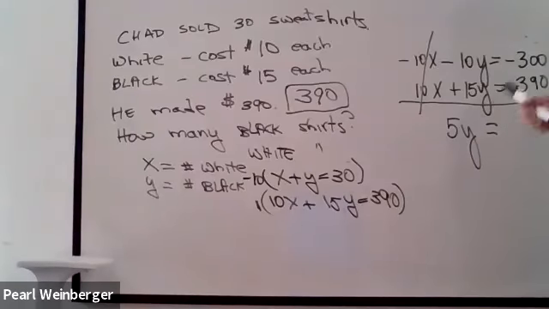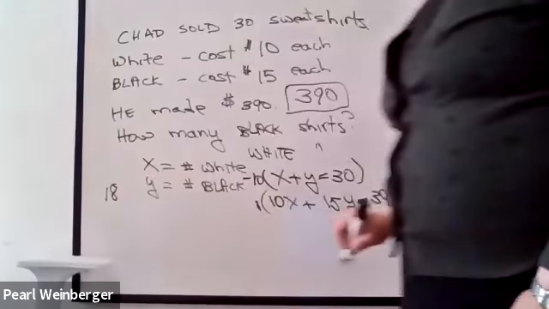Right. Then I got 5y equals 90. Okay, so negative 10 and plus 15 gives us 5, negative 300 and positive 390 gives us 90. Divided by 5, and then y equals 18. Y meaning the number of black sweatshirts was going to be 18. Okay. 18 black sweatshirts were sold.